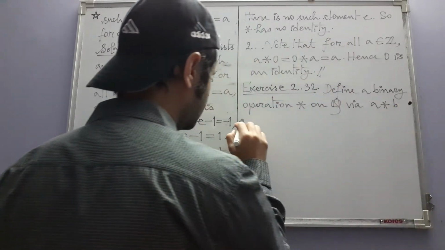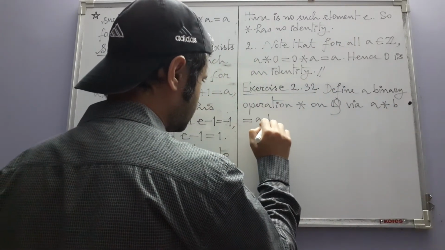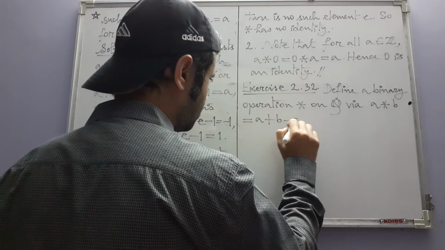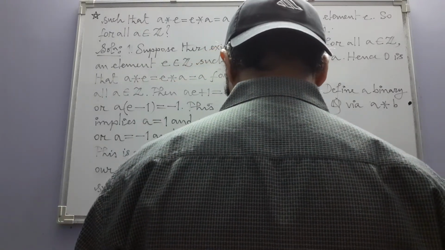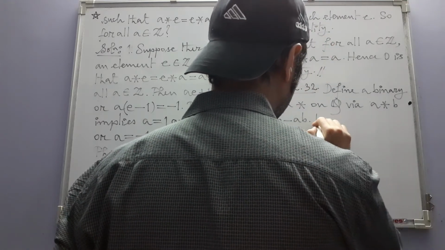A star B this time is a plus b minus ab. Find an identity E.